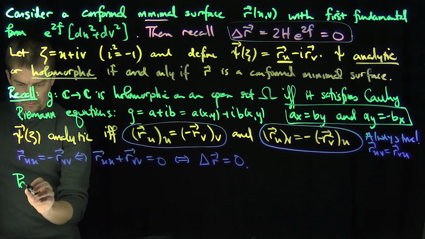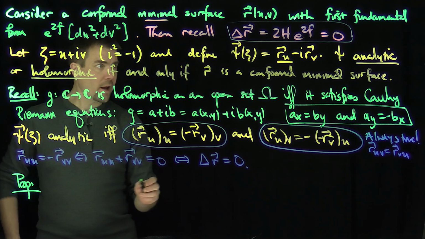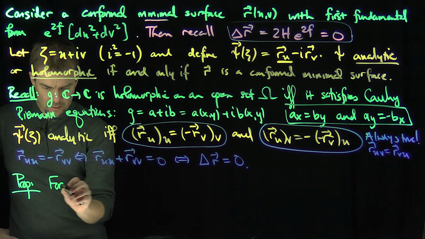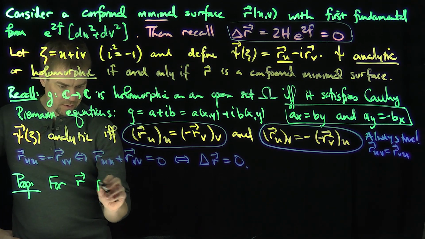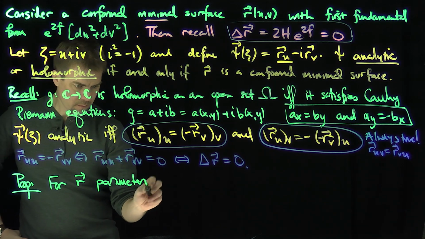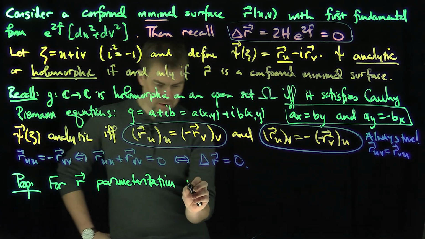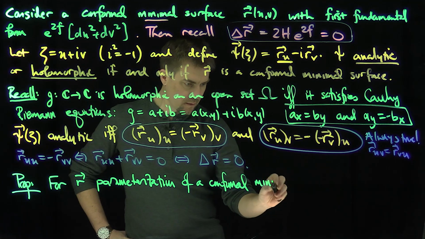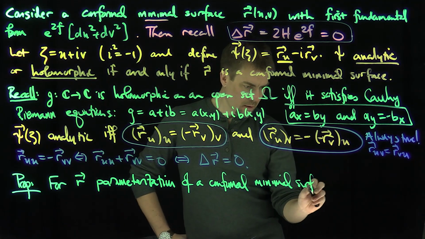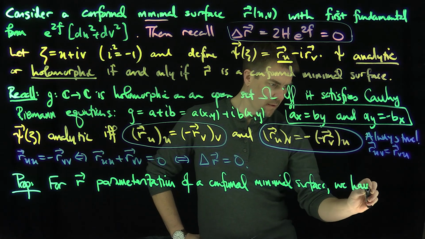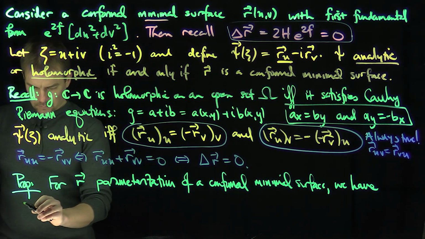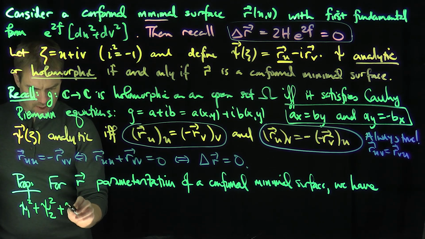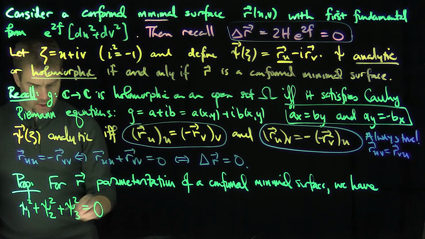So proposition, we claim that for this minimal surface, so for our parameterization of a conformal minimal surface, we have psi 1 squared plus psi 2 squared plus psi 3 squared is equal to 0, okay?